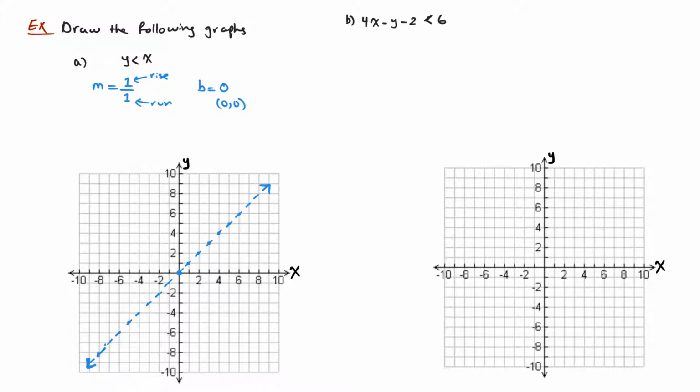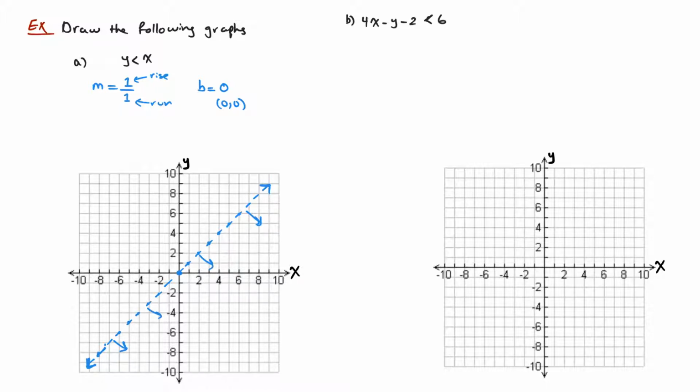So if this is our line, that means we have to shade this region over here because it's less than. The other way of looking at it, x is larger than y, so that means we have to shade the right region of the graph, which is pretty consistent and makes sense. So I will shade this region, or just use a few arrows indicating that it's this region that needs to be shaded.